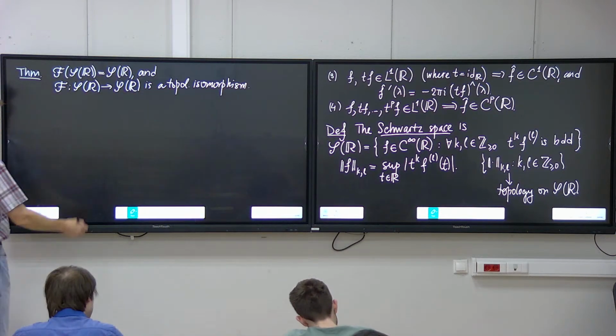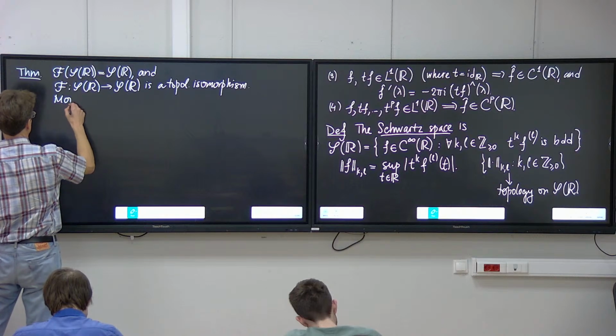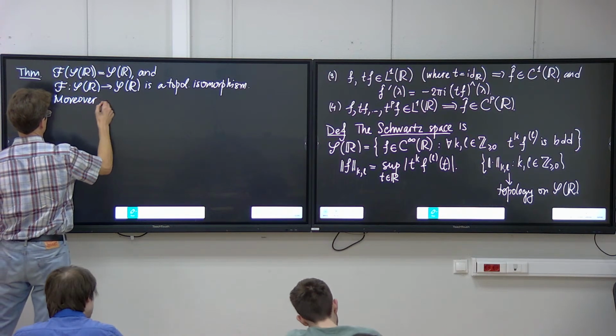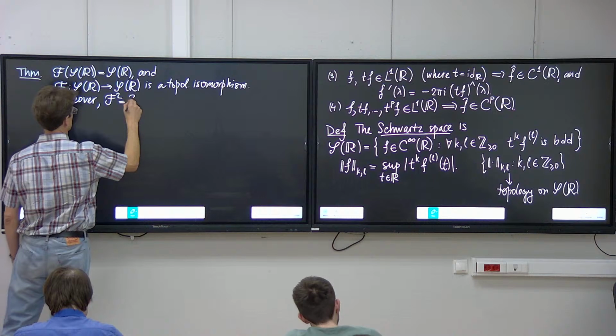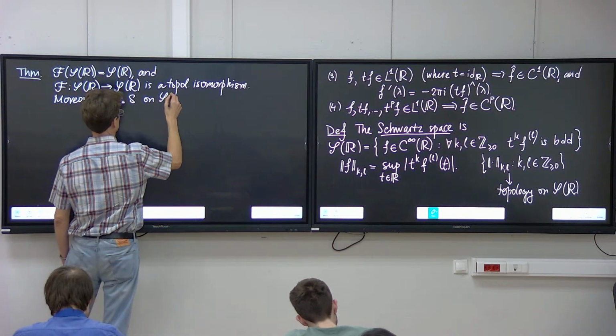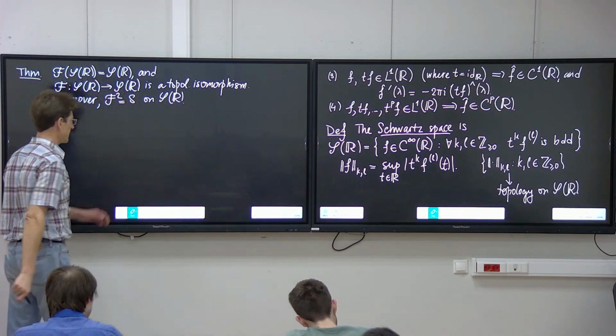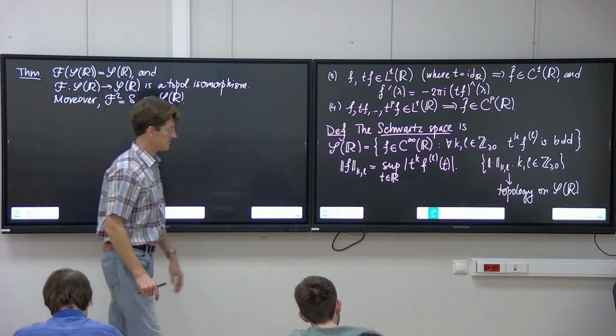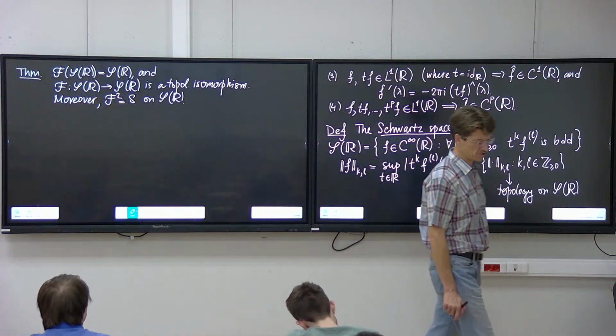And moreover, F squared is equal to S on the Schwartz space, where again, the operator S is defined by the same old formula. It takes f of t to f of minus t.